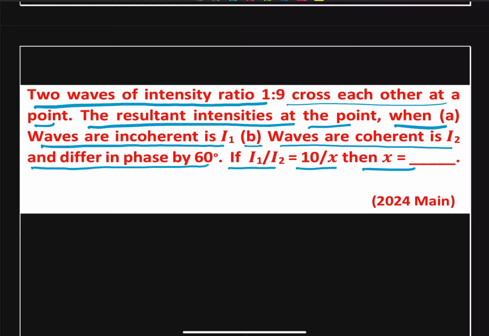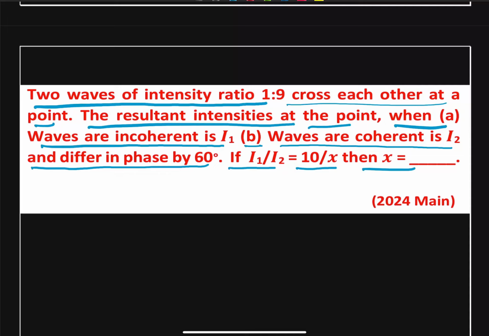So here we are given that they are having intensities, that is our I1 and I2, and they are respectively for incoherent as well as coherent. So we know the formula for coherent and incoherent.